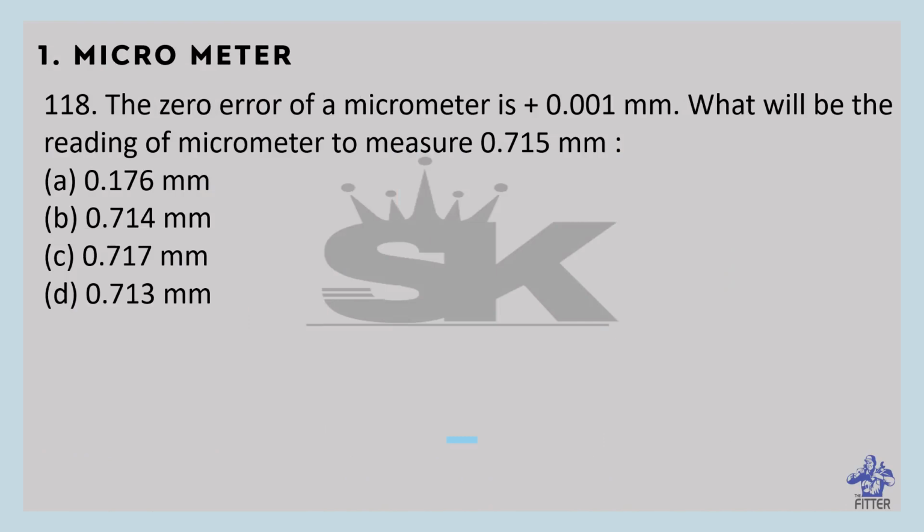The zero error of a micrometer is plus, meaning positive error, plus 0.001 mm. What will be the reading of the micrometer to measure 0.715 mm? We know the formula: correct reading equals micrometer reading plus error. Here it is a positive error, so we subtract it from the micrometer reading.